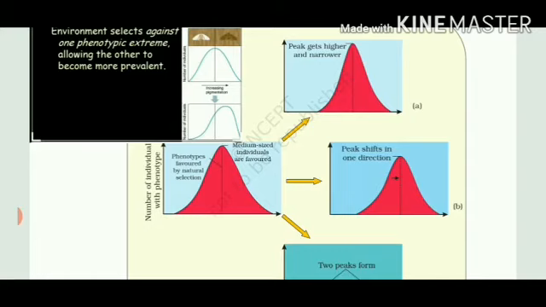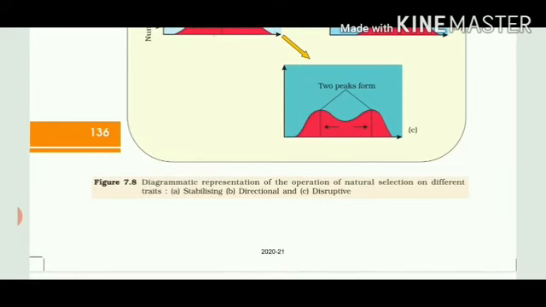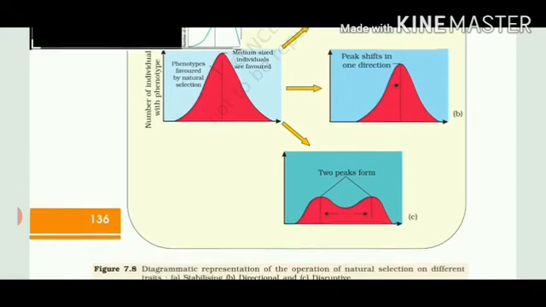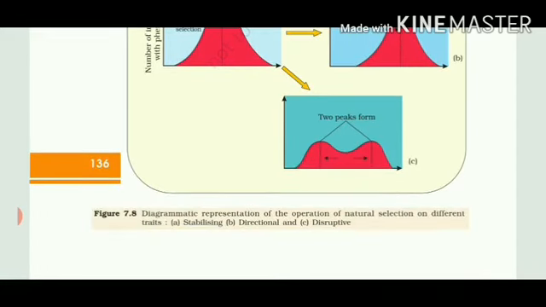When the peak gets higher and narrower, this means A is showing stabilizing, and B is directional, meaning it is moving in one direction, so that new species are produced. In the third one, you can see a disruptive curve has been formed. Firstly, one peak is there, then after some time the second peak will form.